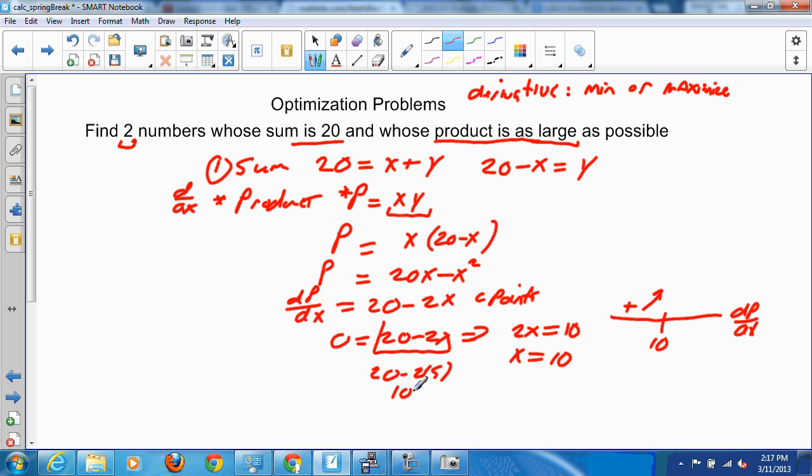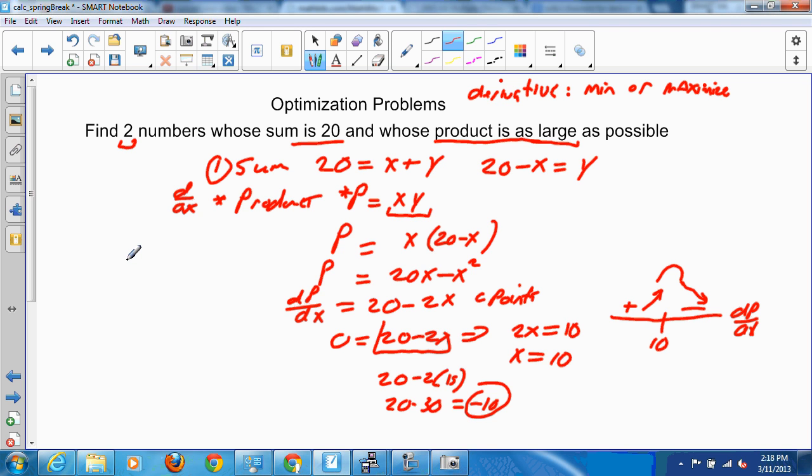Then to the right of 10, pick a number like, say, 15, you'd have 20 minus 2 times 15, and you get 20 minus 30, which is equal to negative 10. All we really care about is the sign, and we see that it's negative. So this indicates that when x equals 10, that's going to give us our maximum point.